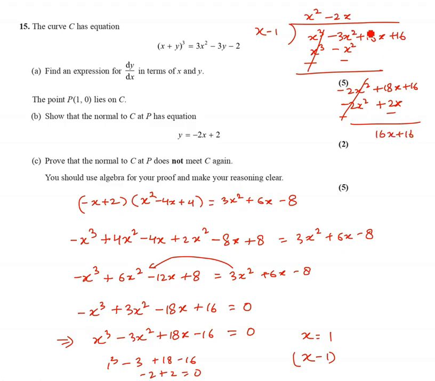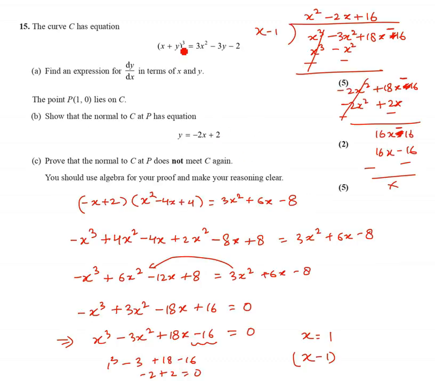Then we do plus 16. Okay, so something is not right there. Oh no, sorry, this was minus 16 here. My bad. So if you make a mistake in the exam, and you do it correctly, then you will be able to figure it out yourself. So this will give you 16x minus 16, subtract, cancel. So one of the factors is x minus 1, the remaining factor is x squared minus 2x plus 16.